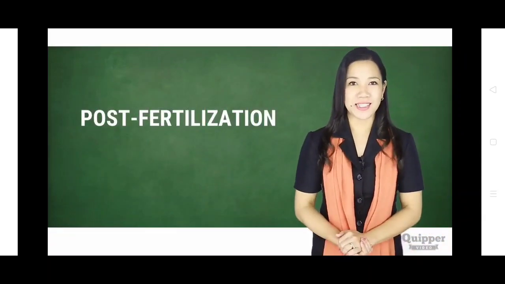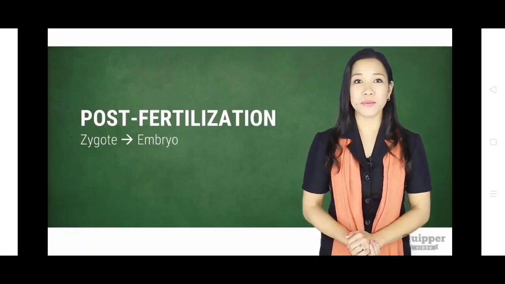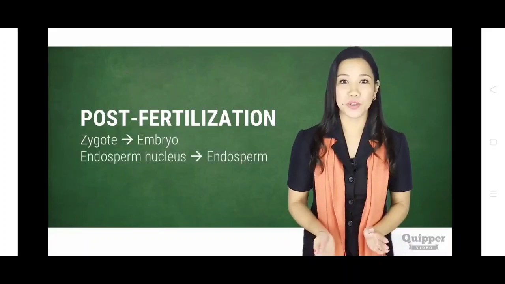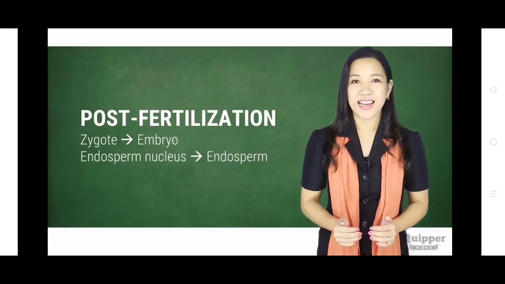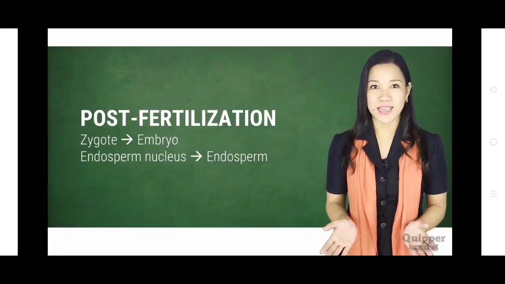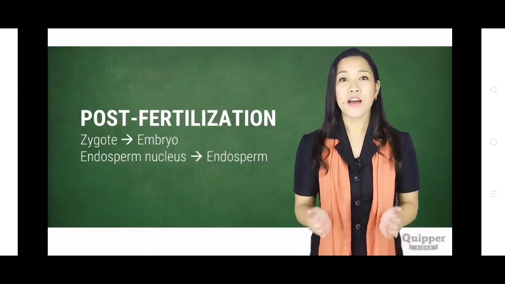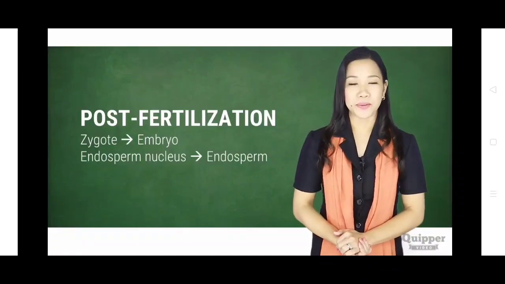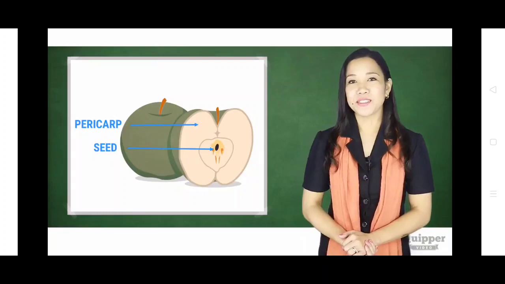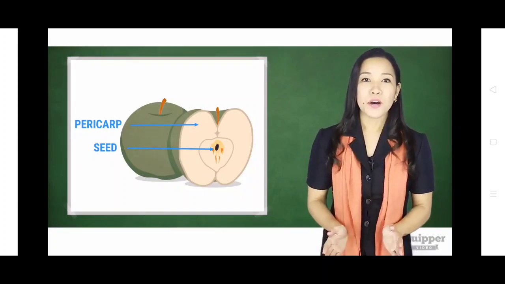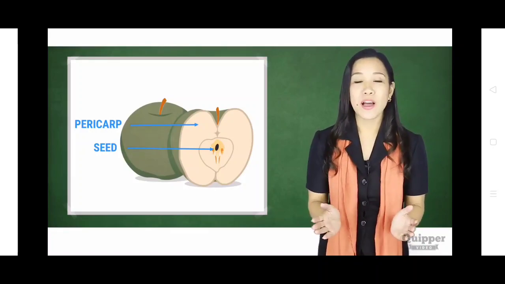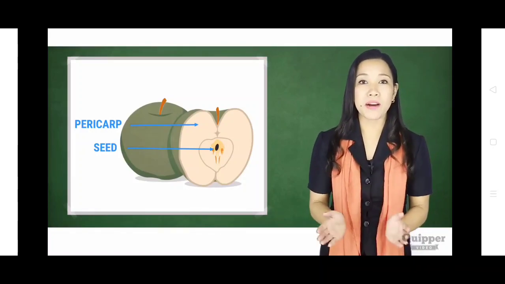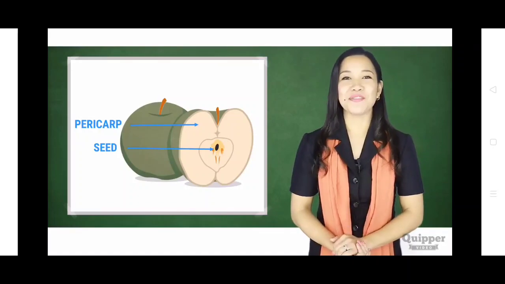During post-fertilization, the zygote develops into an embryo, while the endosperm nucleus develops into the endosperm. The endosperm is the part of the seed that acts as a food store for the developing embryo. After fertilization, the ovule, which contains the embryo and the endosperm, matures into a seed, while the ovary forms the pericarp, or the flesh of the fruit.